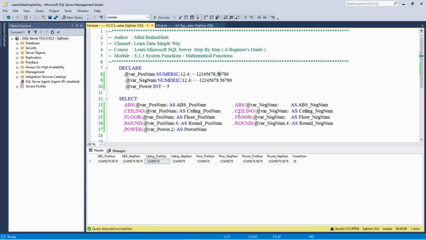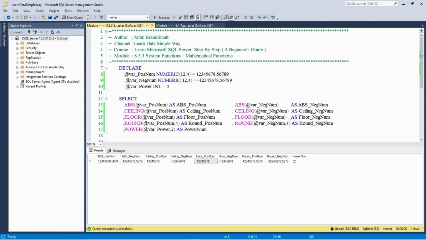But with the floor function, it will take it to the lower side. Only this number is considered, and it will just forget whatever is after the decimal point. That is the nature of the floor function.